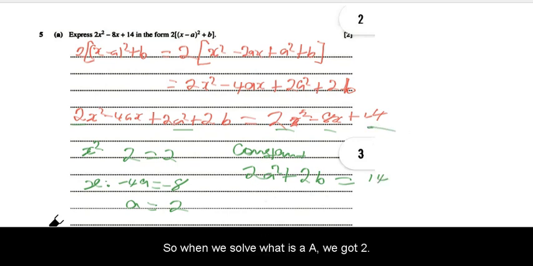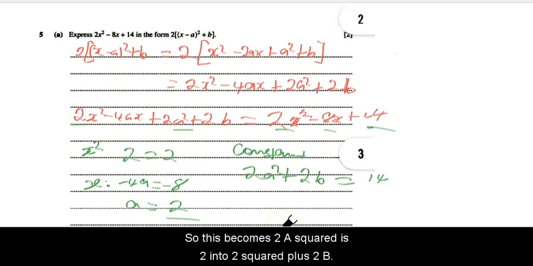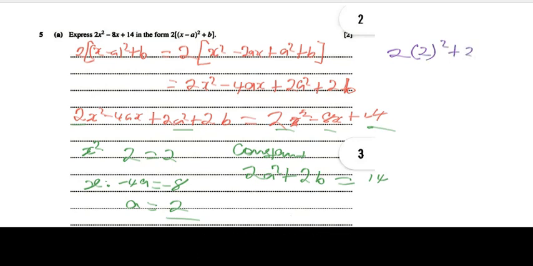So when we solve, a we got is 2, so simply replace that. 2a squared is 2 into 2 squared plus 2b, and this is equal to 14.